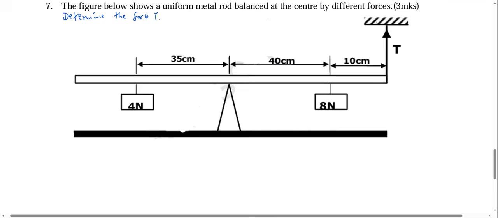Now for you to be able to determine the force T, you must recall the principle of moments, and for this case we consider all the forces. So we'll go with the 4 Newton. The 4 Newton is acting downwards, but in which direction? In anti-clockwise direction.